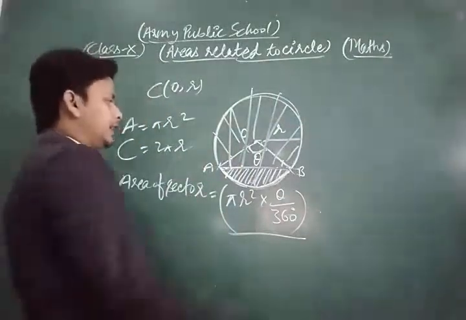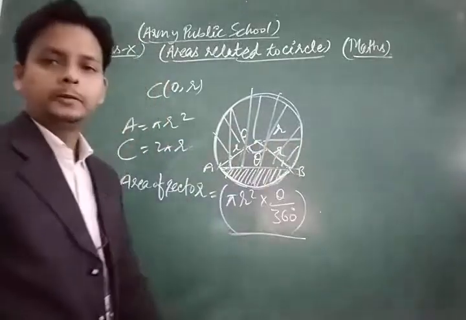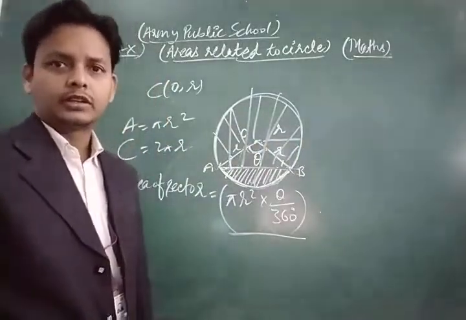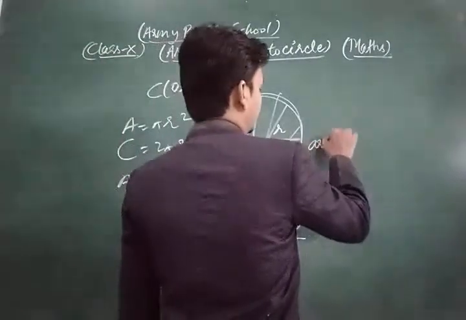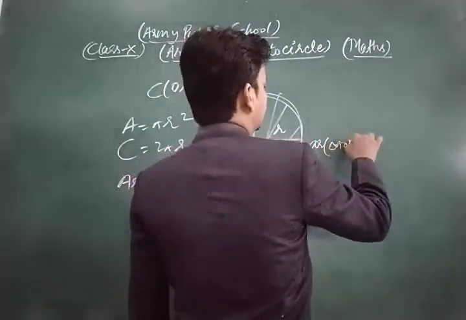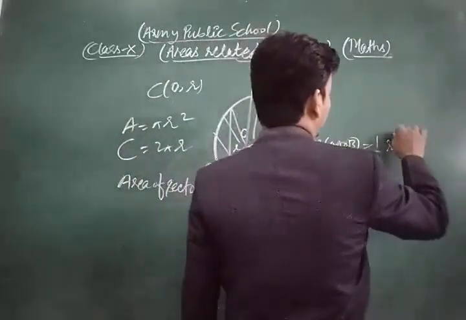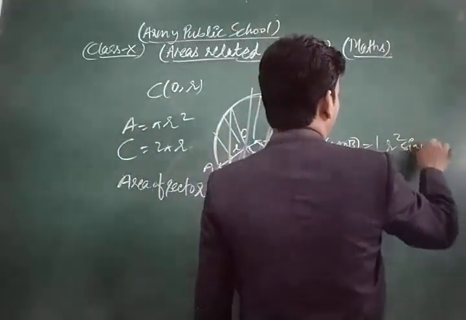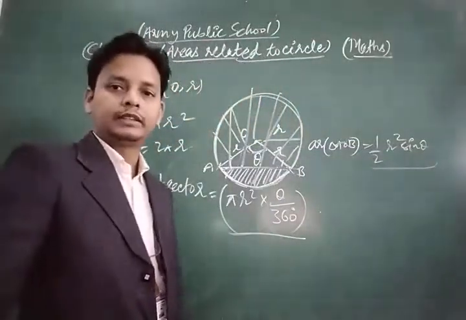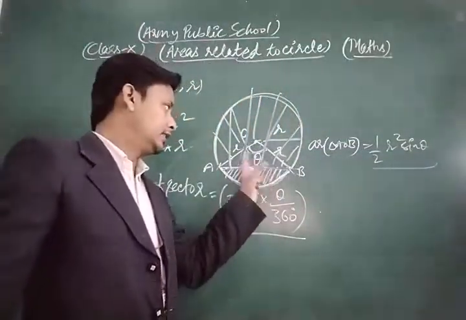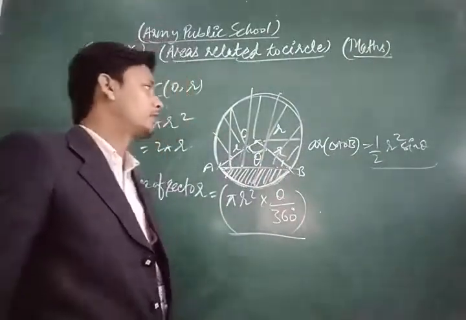And suppose theta is the central angle and OA and OB are the radii of the circle. In that condition, the area of triangle AOB is equal to 1 upon 2 r square into sin theta, where r is the radius of the circle.